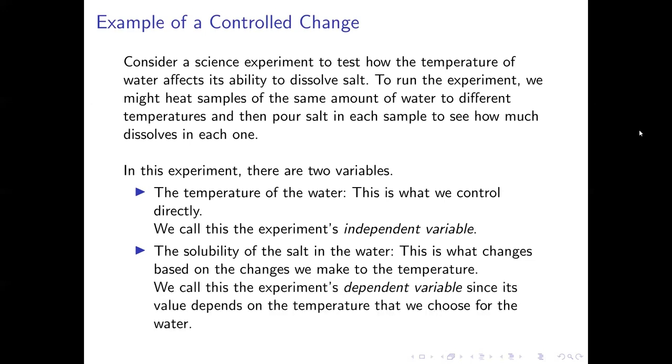We call this the dependent variable of the experiment because its value for each sample of water depends on what we set the temperature to be, what we set the independent variable to be for that water sample. So those are the two variables involved in this experiment.